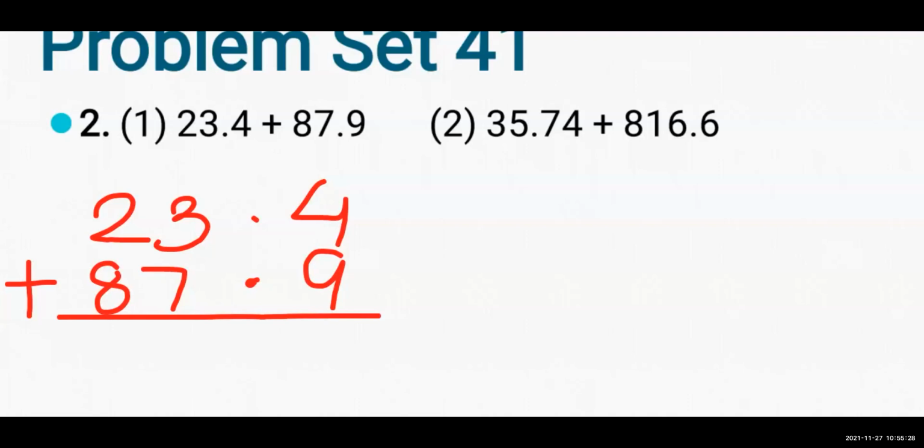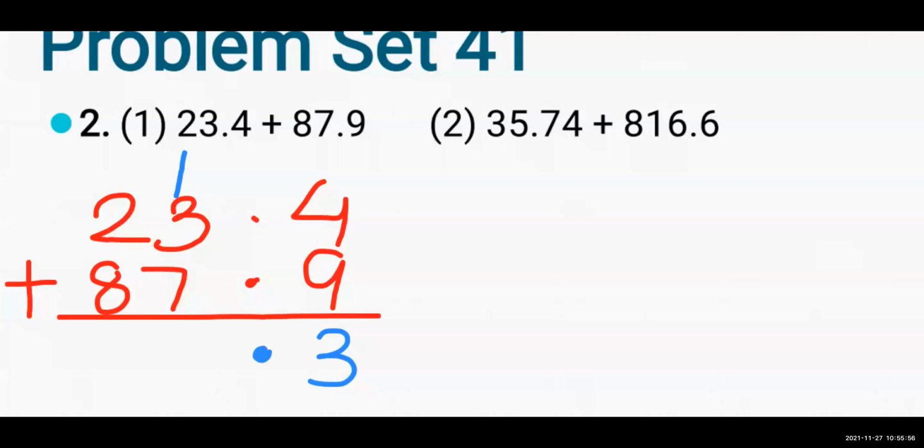9 plus 4. Yes, 9 plus 4 is 13. So we'll carry 1 and write 3 here. Point plus point will become point. Now 7 plus 3. Yes, 10. 10 plus 1, 11.